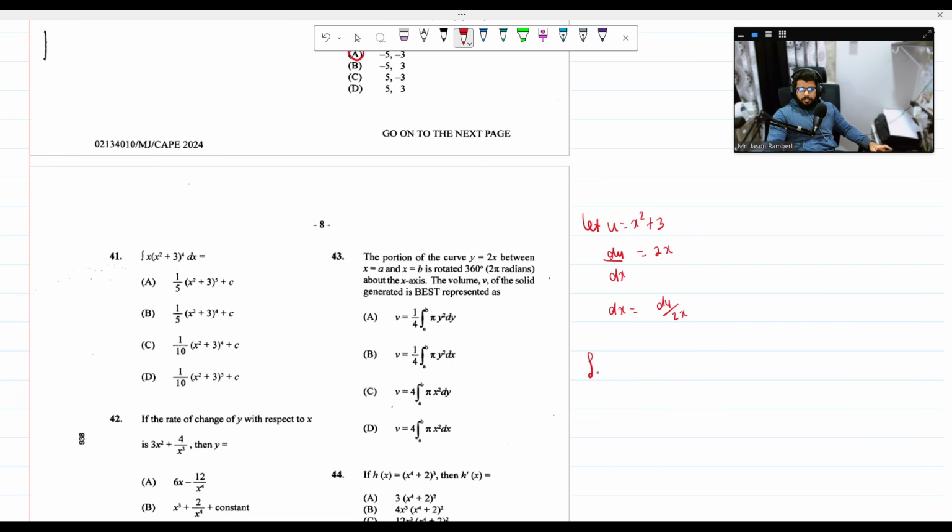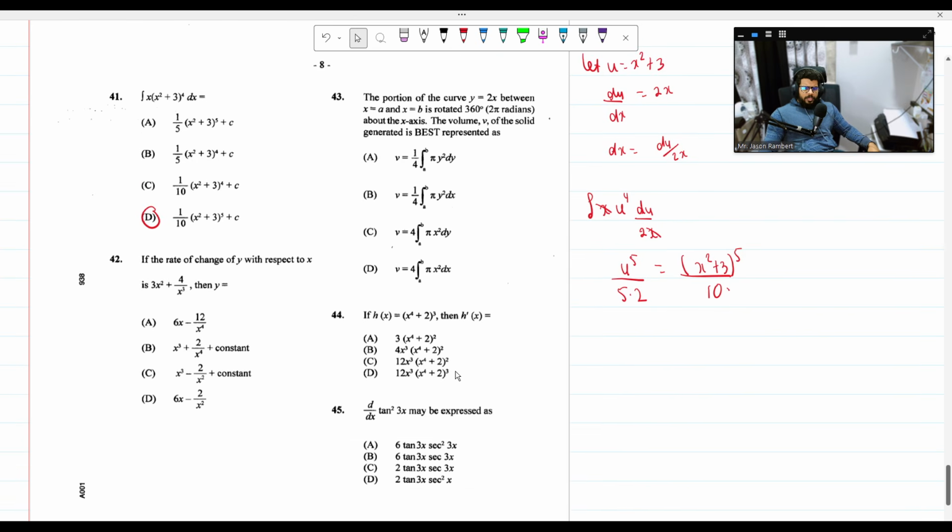So my integral becomes the integral of x u to the power 4 du over 2x. The x and the x cancel. So when I integrate u to the power 4, I get u to the power 5 over 5 multiplied by 2, which will give me x squared plus 3 to the power 5 over 10. The answer is D.